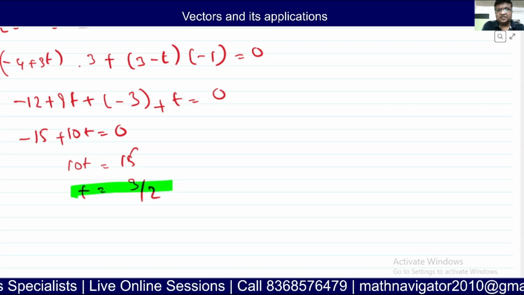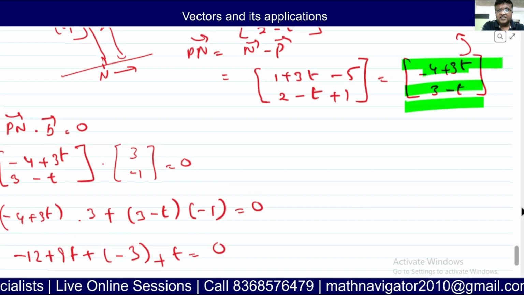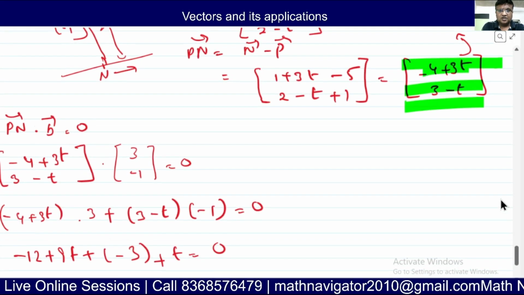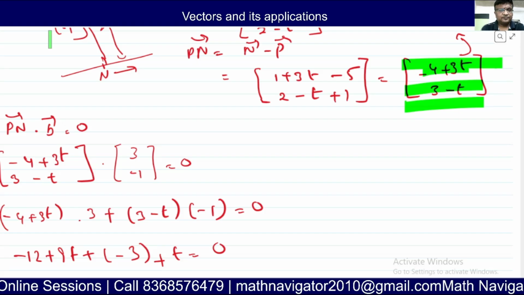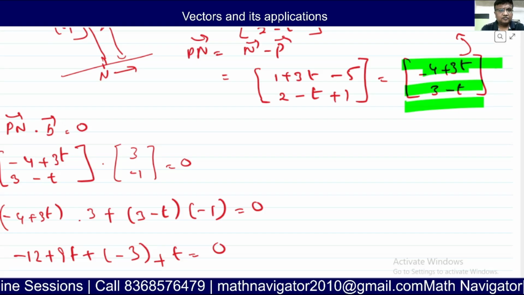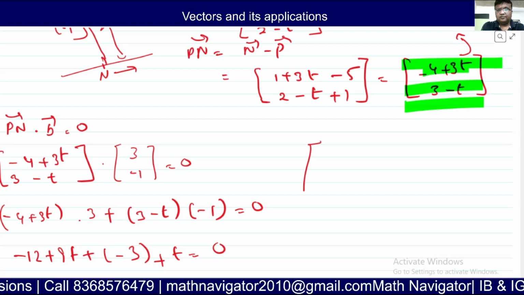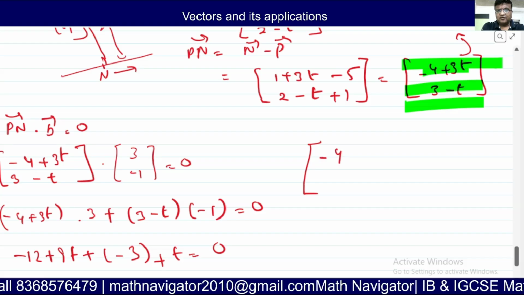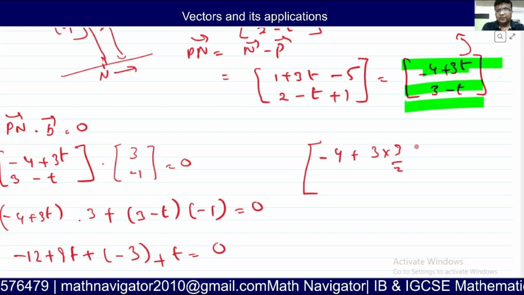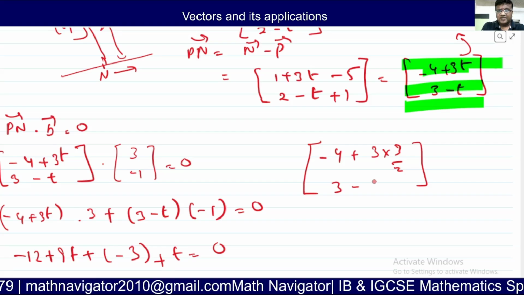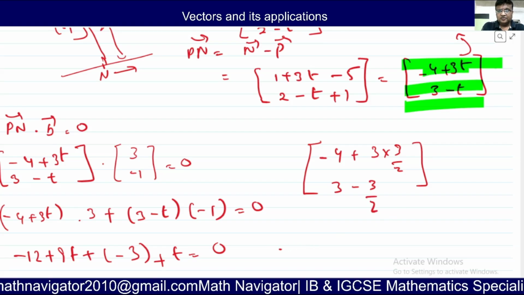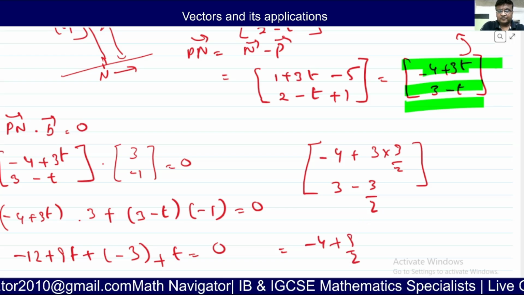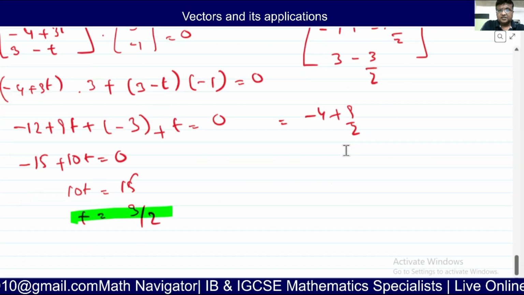Now I'll find the vector. So now let me find vector PN. Negative 4 plus 3 times 3 by 2, and 3 minus 3 by 2. This will be negative 4 plus 9 by 2, which will be half, because negative 4 is negative 8 by 2.